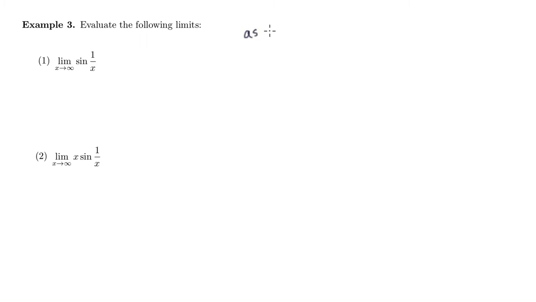as x goes to infinity, 1 over x approaches 0. But it doesn't just approach 0, it actually approaches 0 while remaining positive. So I'm going to put a plus here. So it approaches 0 from the right.